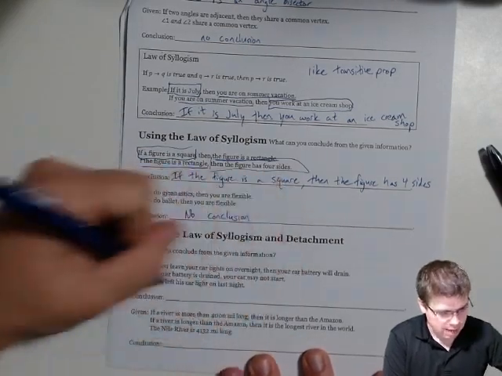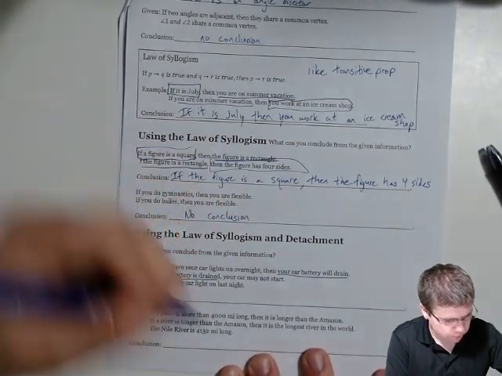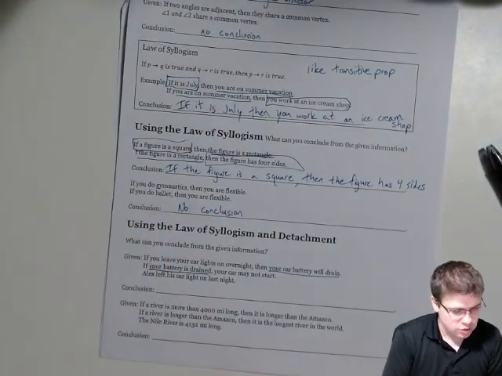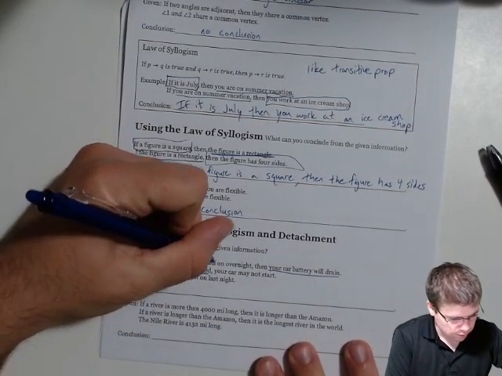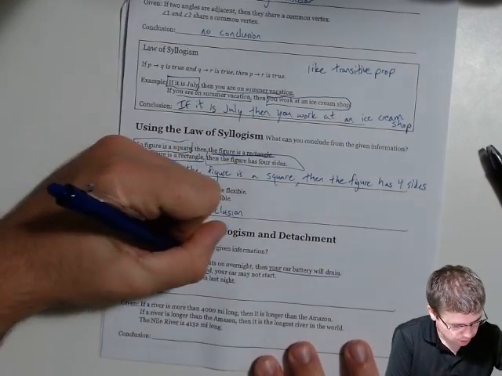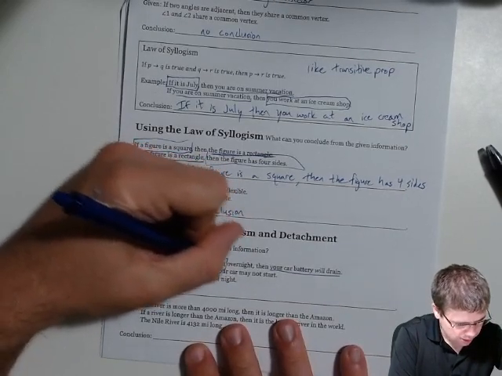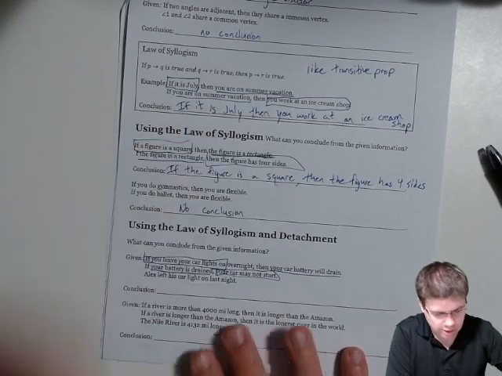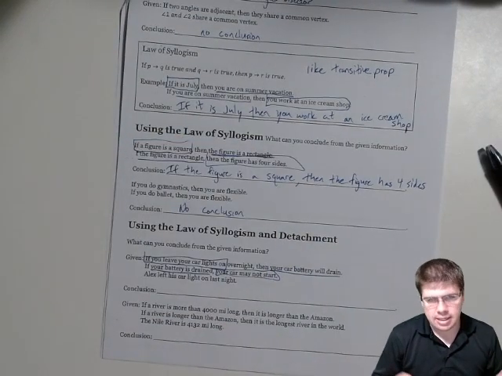And then we have, if your battery is drained, your car may not start. We see the conclusion, your battery will drain, matching the hypothesis. So we can conclude if you leave your car lights on overnight, then your car may not start. We put those two together, and that is syllogism.